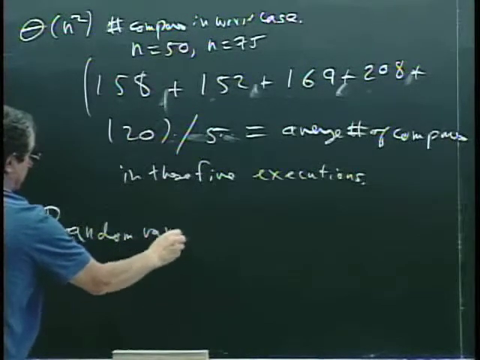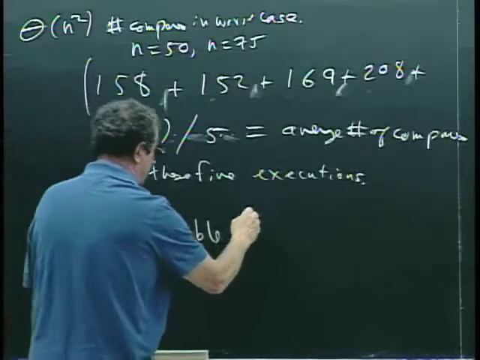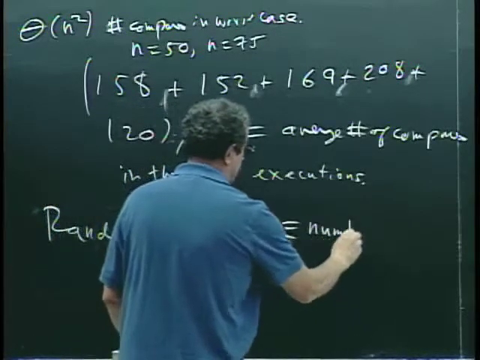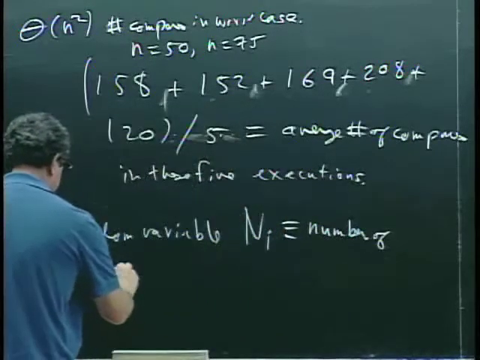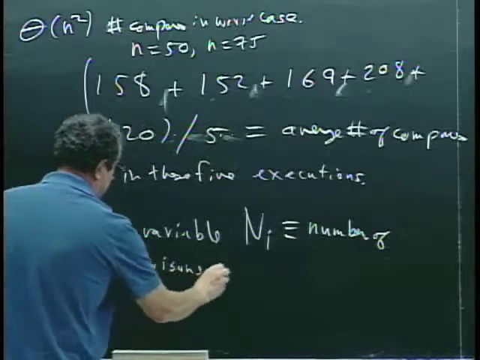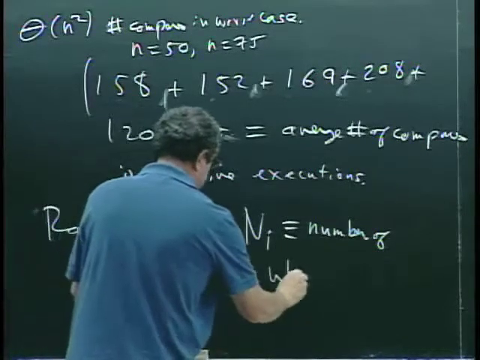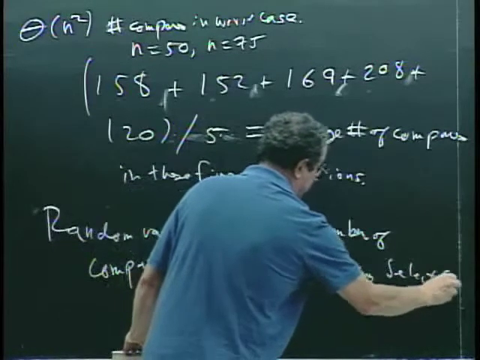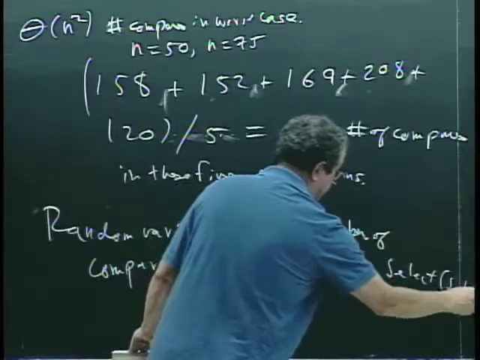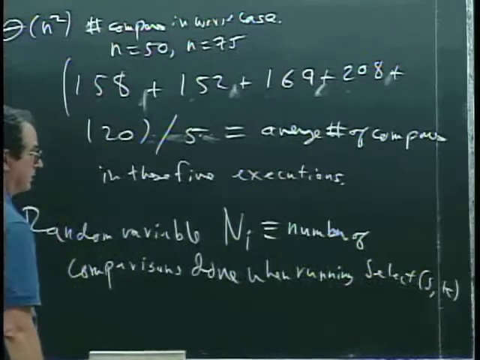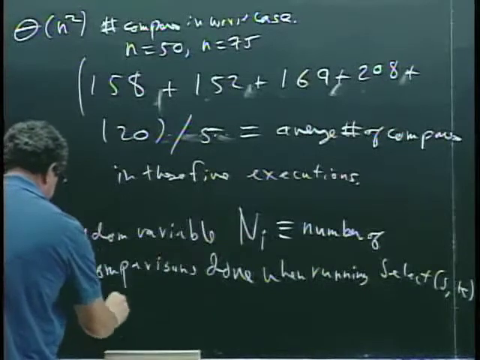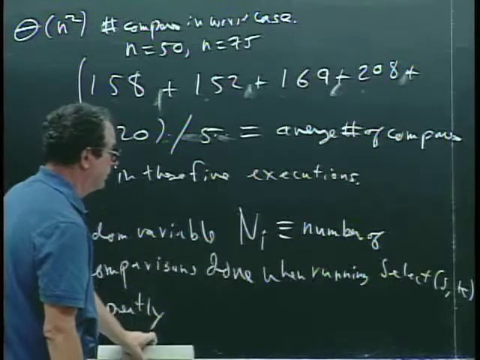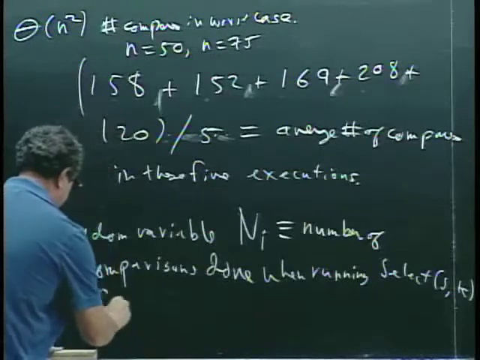A random variable, call it Ni, is going to be defined as the number of comparisons done when running select, that's some particular input and some particular K. When running select S K repeatedly, it's the number of comparisons done when running select S K for the ith time.